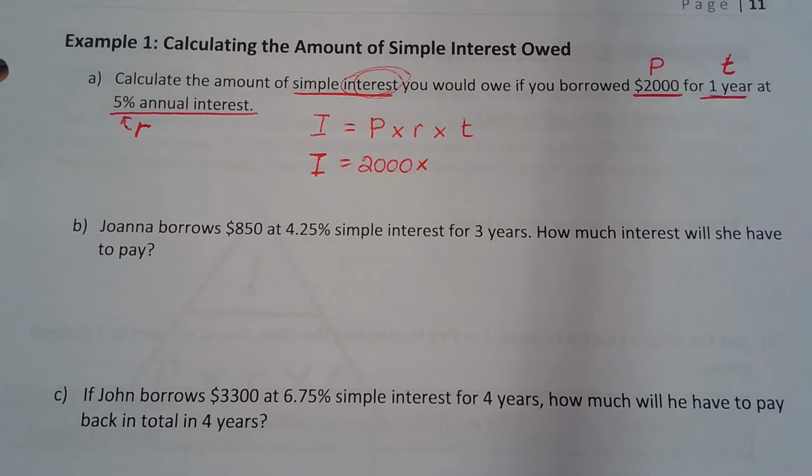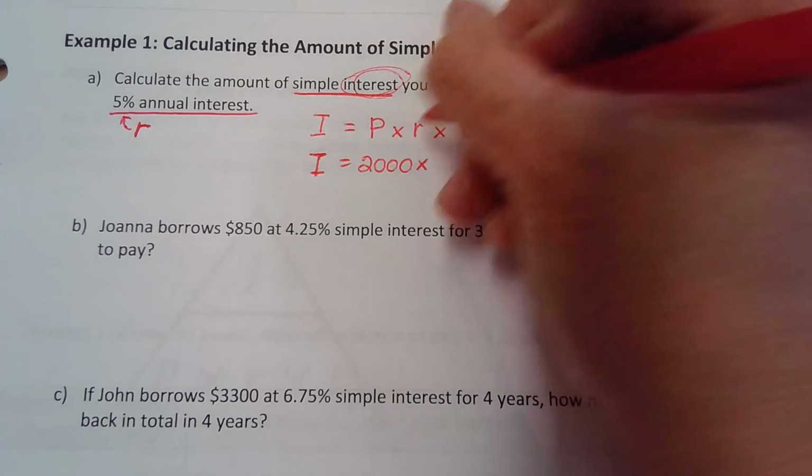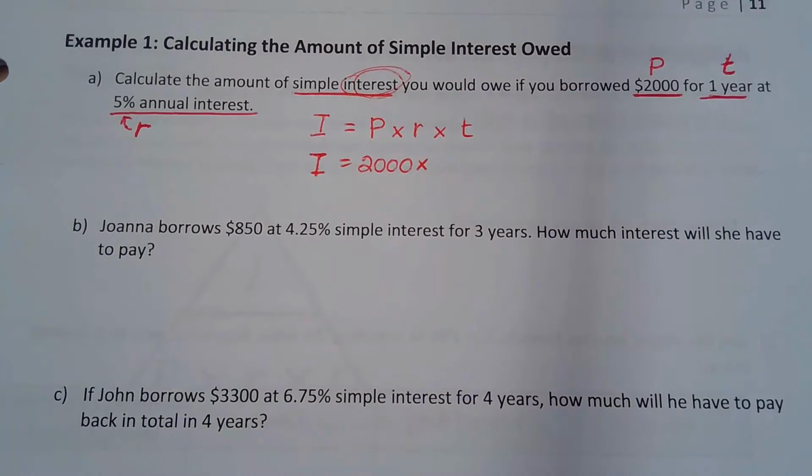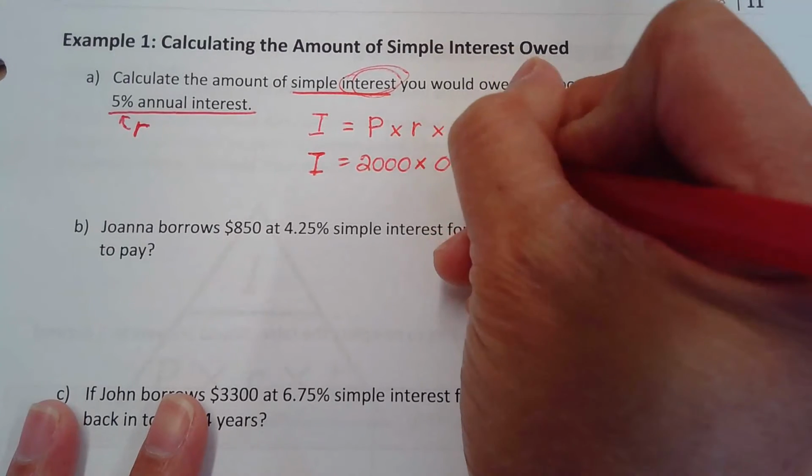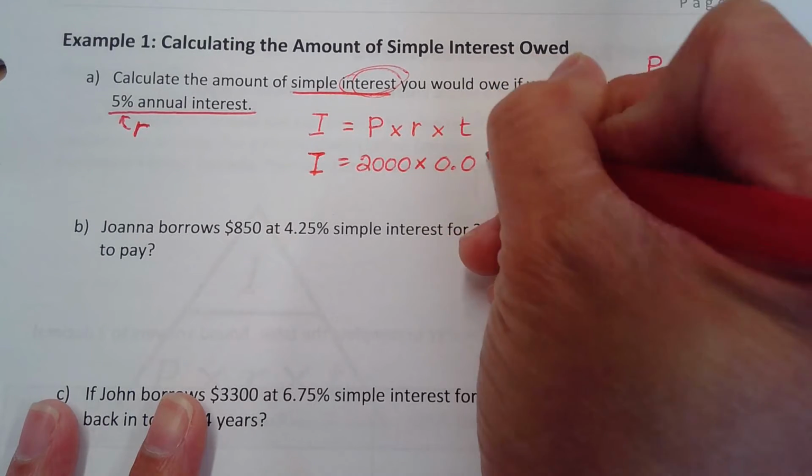5%. Now, when we use the percent in our calculation, what do we do? We divide it by 100, right? So you can go 0.05.